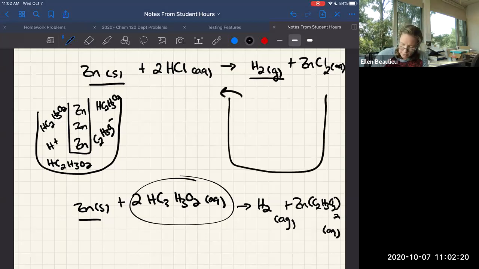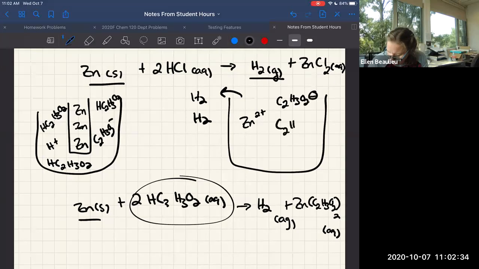Again, that H2 gas is going to leave as an intact molecule. And in solution, I'm still going to have some zinc. But this time, the ion is the acetate ion.